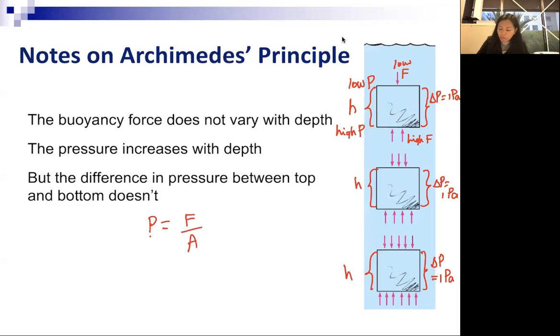And therefore the force will be the same between the top part and the bottom part of the block, and the buoyancy force will be the same regardless of whether you're at the shallow part or at the deep part. Does that sort of make sense?